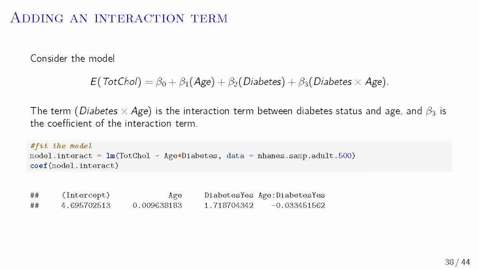The beta 3 only matters if there is diabetes. Otherwise, diabetes is 0, then that beta 3 times 0 vanishes. So this adjusts the slope to deal with the differences that we saw in those plots.